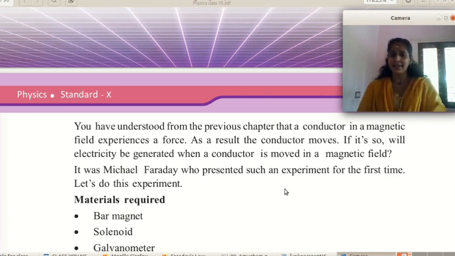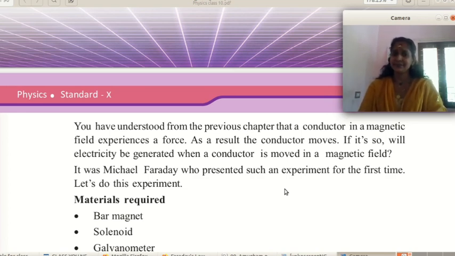By using current, we moved a conductor in between the poles of a magnetic field.